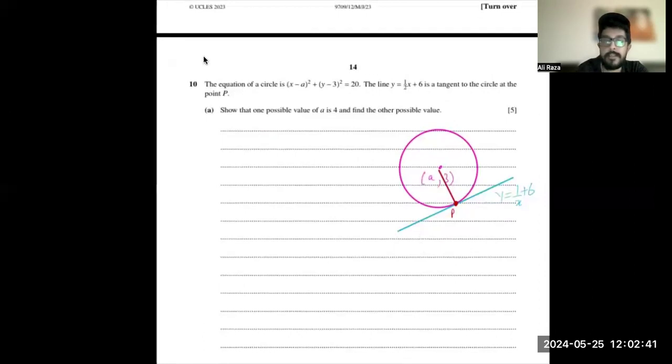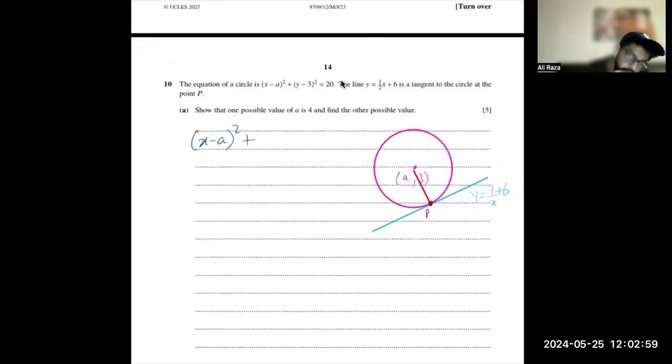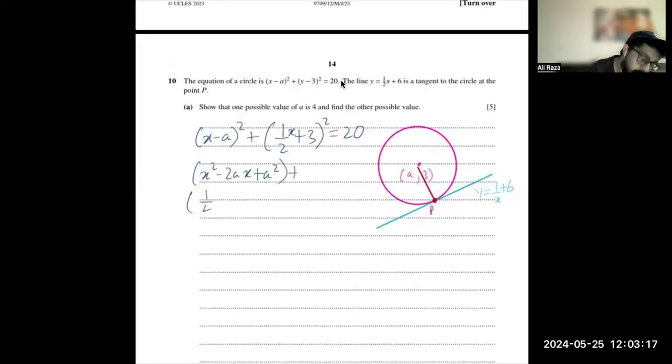I'll substitute half x plus 6 for y in this equation. x minus a whole squared plus (half x plus 6 minus 3), which would give me 3, squared is equal to 20. x squared minus 2ax plus a squared plus 1 over 4 x squared plus 3x plus 9 is equal to 20.